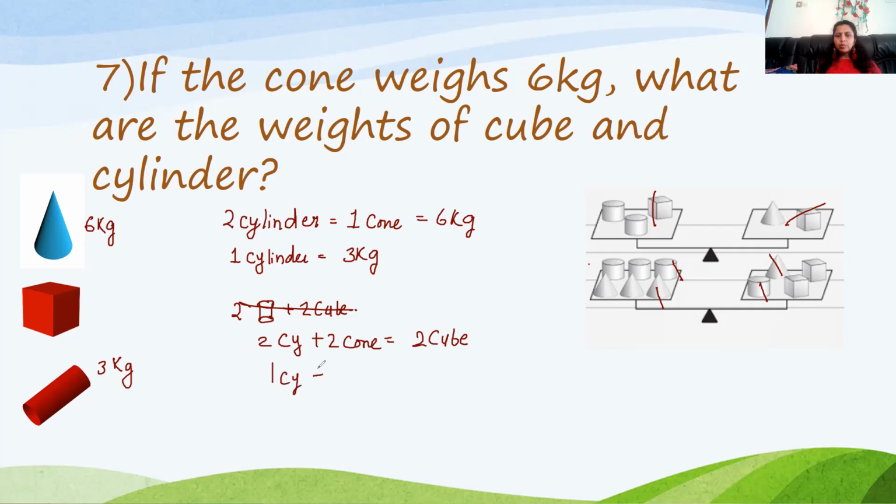So 1 cylinder plus 1 cone equals 1 cube. So how much is the weight total? 9 kg. That gives the answer directly. This is very, very important to learn.